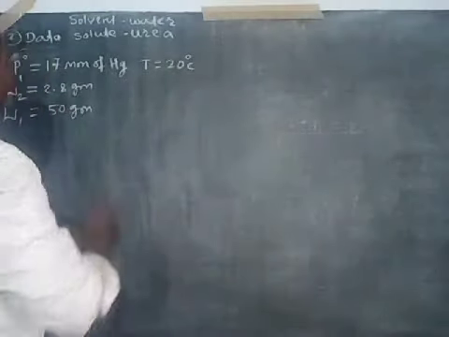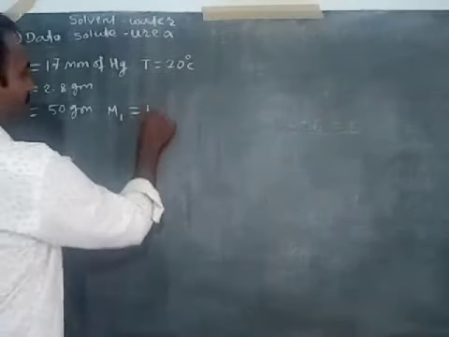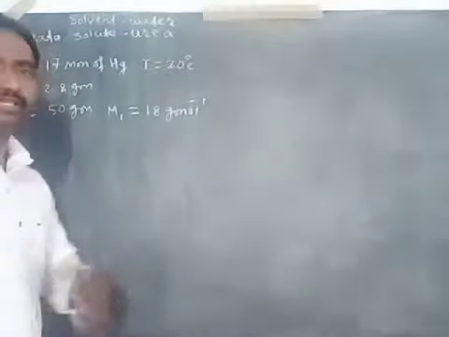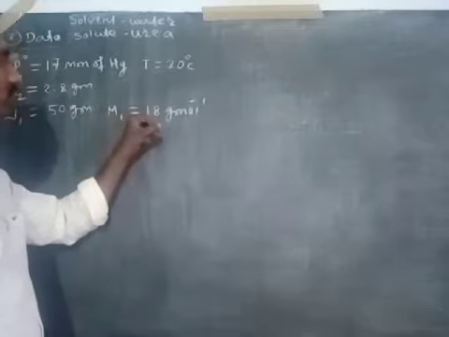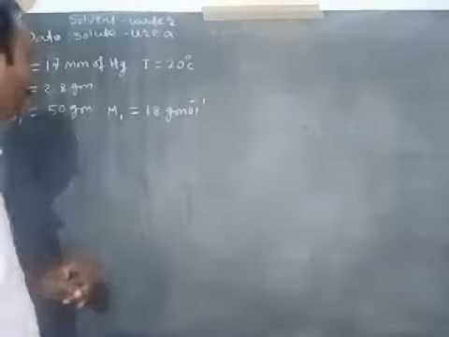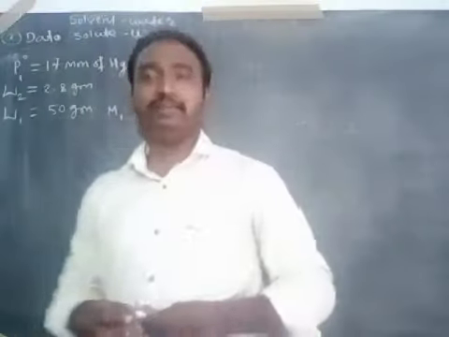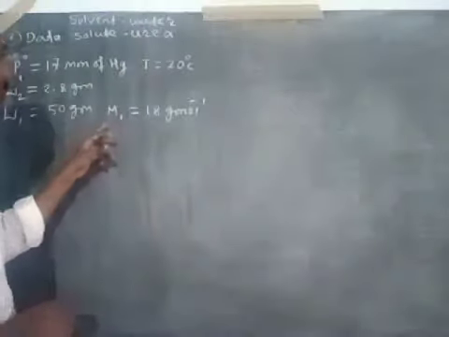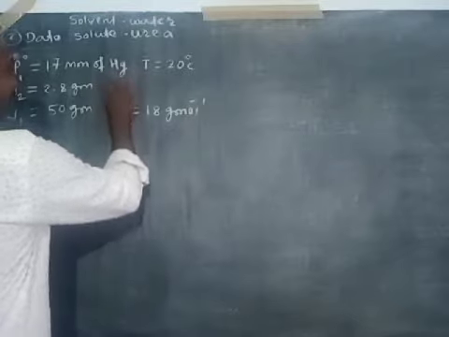Here in both cases, the molar mass of the water, which is represented by M1, is 18 gram per mole. There is no given value in the problem, but you should know it, because we studied in 11th standard how to calculate the molar mass of a substance, and water having molecular formula H2O has molar mass 18.